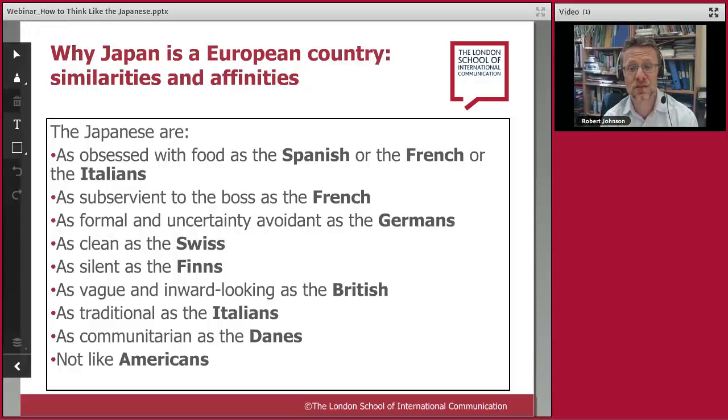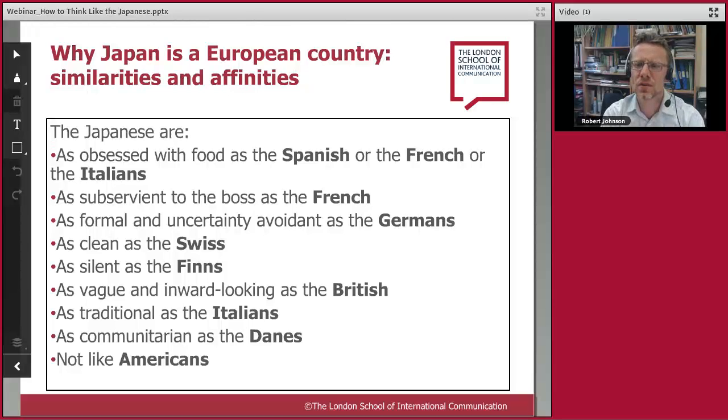And of course, it's very attractive to a lot of Westerners and other people who go to Japan to experience that side. I've put the Japanese are as communitarian as the Danes. Communitarian, I think, what I mean by that is that they're all together, and there's a kind of tall poppy syndrome. In a lot of Scandinavian countries, you find people try to keep each other down.